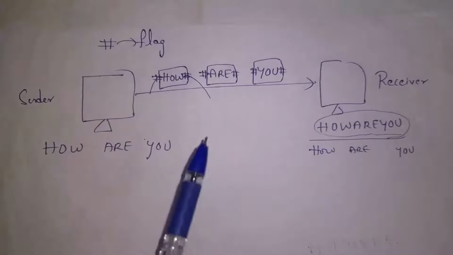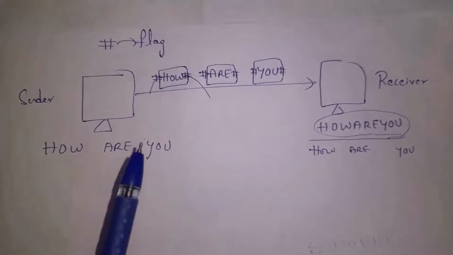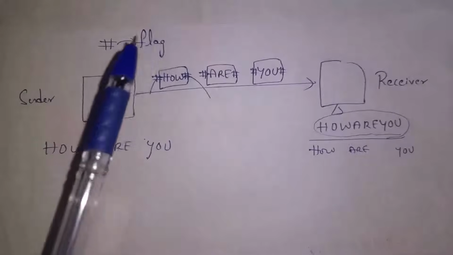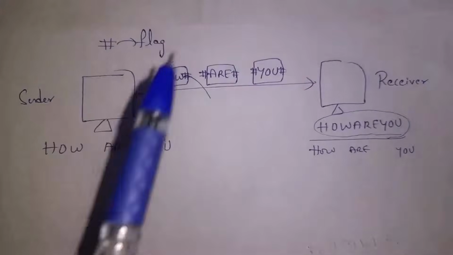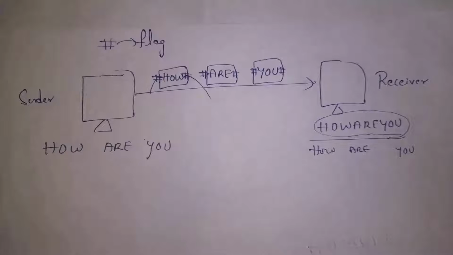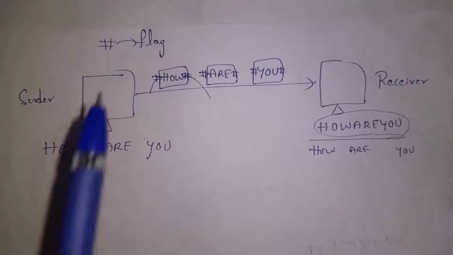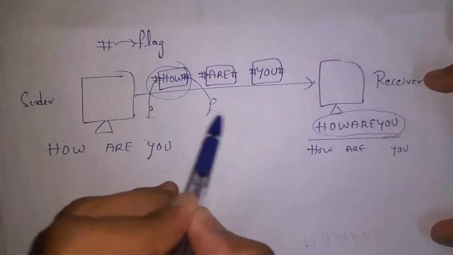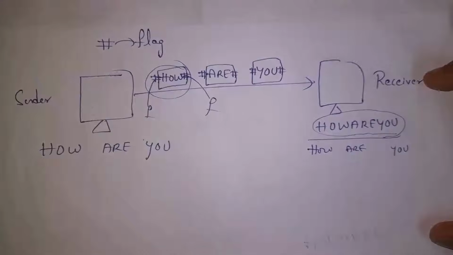Same example, but instead of sending data without any flags, the data link layer will include flags at the start as well as at the end of the frame. For example, let us say hash is considered the flag. So the data link layer will include hash at the start and at the end of the frame. The data will be forwarded like this, where this is one flag and this is the other flag. We need to include flags for each and every frame.